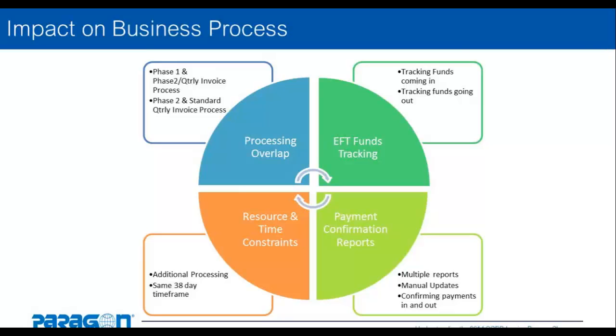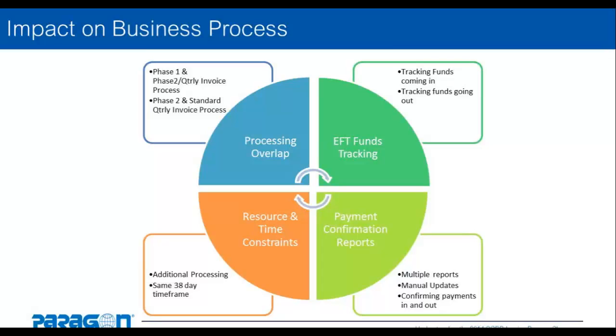So processing overlap is specifically related to the Phase 1 and Phase 2 quarterly invoice process and the Phase 2 negative balance solution and the standard quarterly invoice process. So I just want to go over a few points of the processing overlap there.